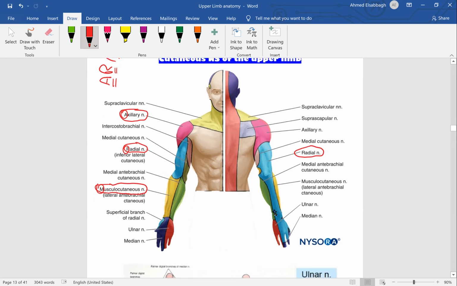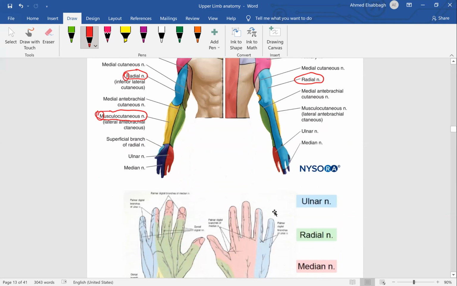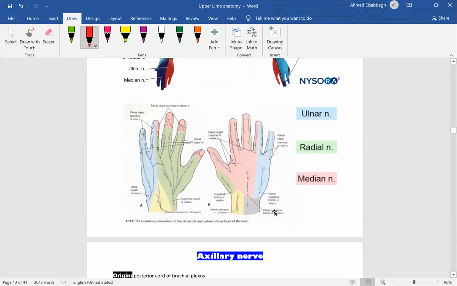What is the third question? What is the nerve supply of the hand? Which is very important. First of all, the hand is supplied by three main nerves.